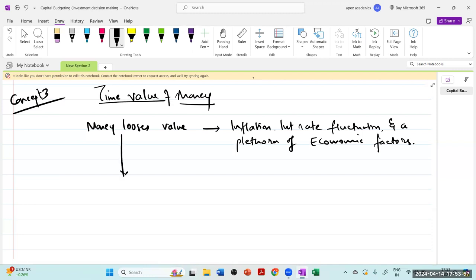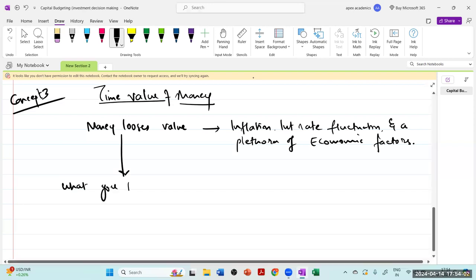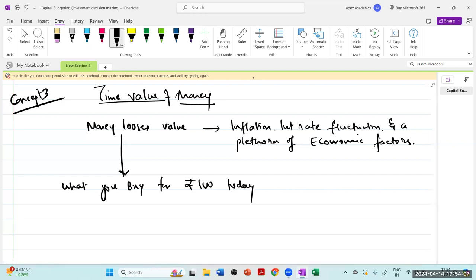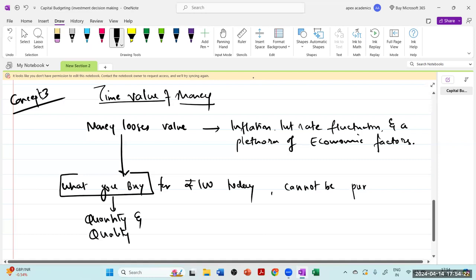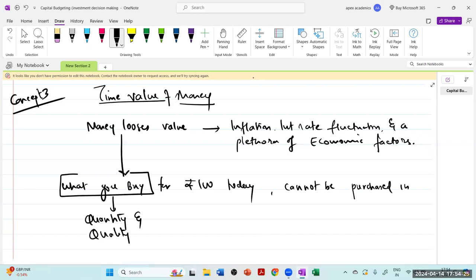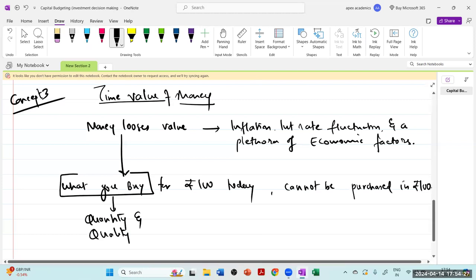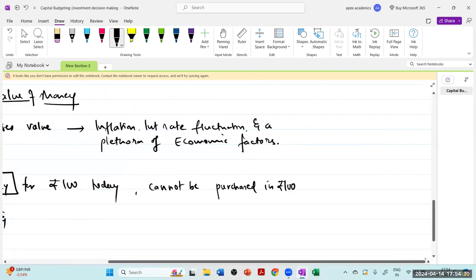What is the meaning of money loses value? What you buy for rupees 100 today, what you buy meaning quantity and quality, cannot be purchased in 100 rupees after 1 year.